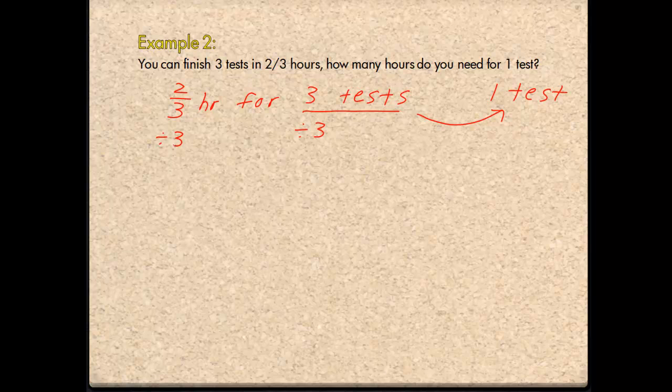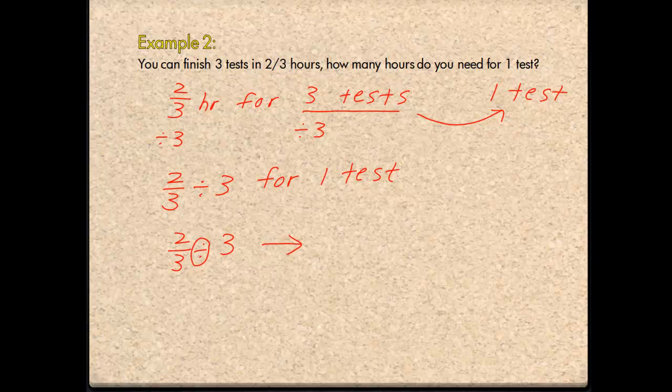So right now, my new equation is going to be 2/3 divided by 3. It's going to be the time needed for one test. Here's my division sign, so I'm going to change that to a multiplication sign and flip my second number.